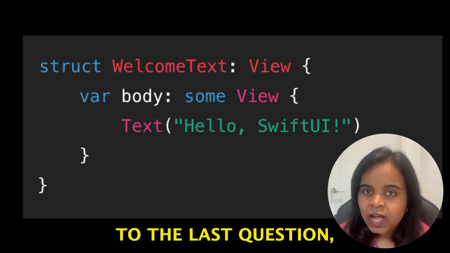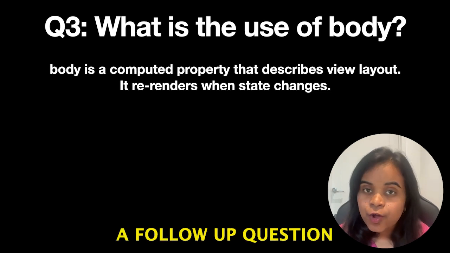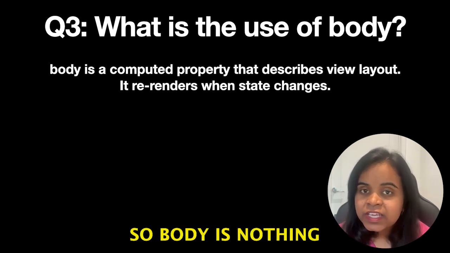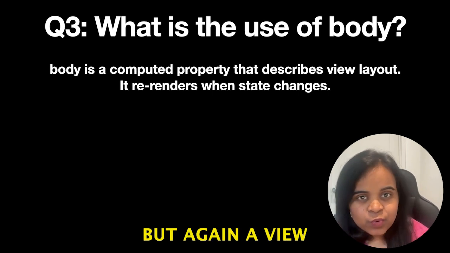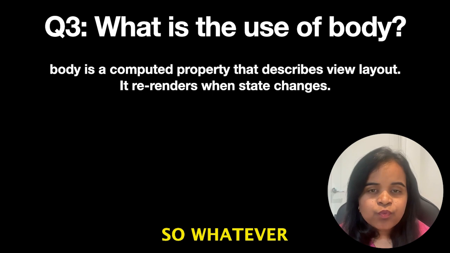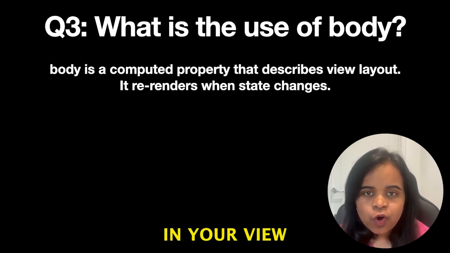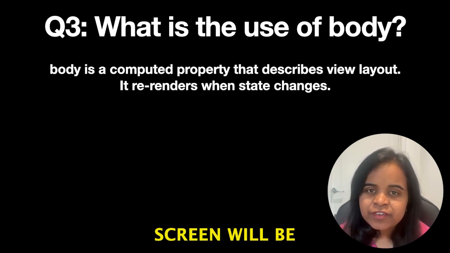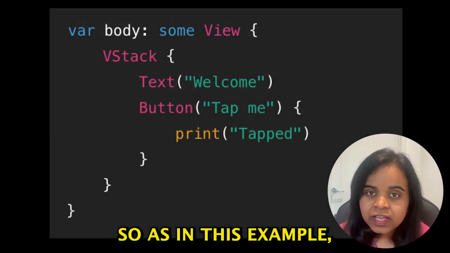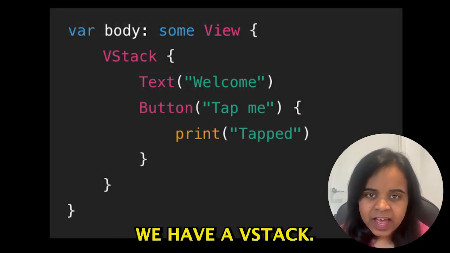Now following the last question, you can get a follow-up question as, what is the use of body in SwiftUI? So body is nothing but again a view which describes the layout and content for your view. So whatever you will see in your view or in your UI screen will be written in the body of your view. So as in this example, inside the body we have a VStack.